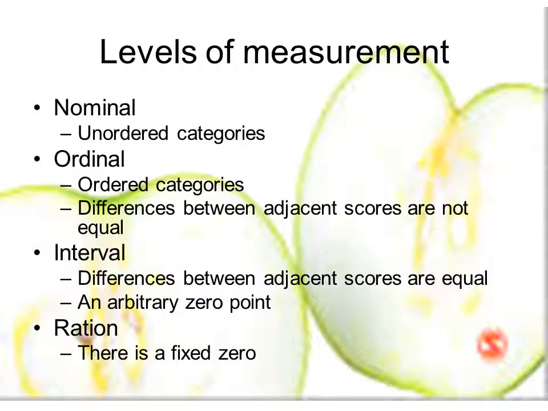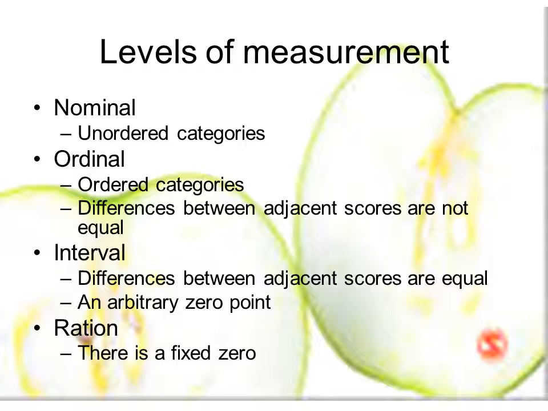Nominal and ordinal are called categorical areas of data, meaning that what you're going to be looking at is putting your data in categories. The other 2 areas, which are interval and ratio, those are called continuous data categories. And basically what we're going to look at with continuous is that you can start to measure. You can actually get measurements. You can tell a difference between one item and another based on the number.